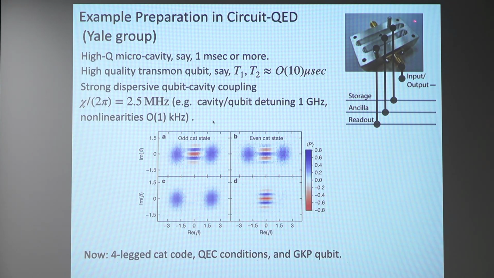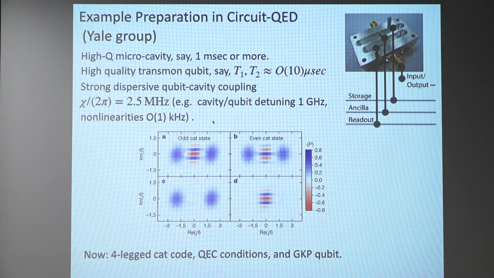And then the third one is the storage cavity. Here are just some parameters of a fairly old experiment where you say, okay, I have a high Q cavity, 1 millisecond lifetime. I have a transmon. Well, 10 microsecond lifetime is not actually that high.